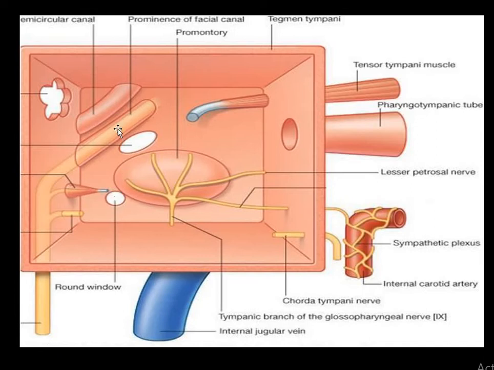The medial wall also contains the lateral semicircular canal, the dome of the lateral semicircular canal, and the facial nerve here. Anteriorly, you can see the tensor tympani muscle and the pharyngotympanic tube or eustachian tube opening. Posteriorly, you can see the stapedial tendon or the stapes. The facial nerve also lies posteriorly, inferiorly lies the internal jugular vein, and superiorly lies the brain.